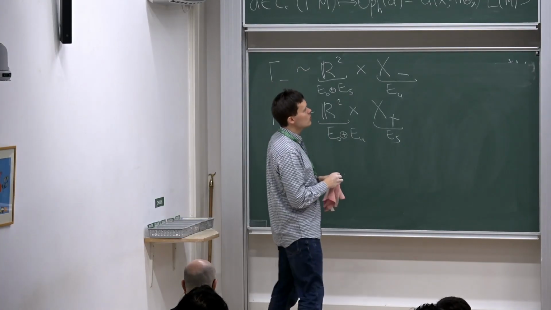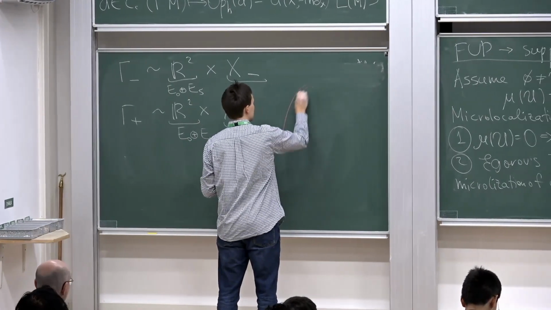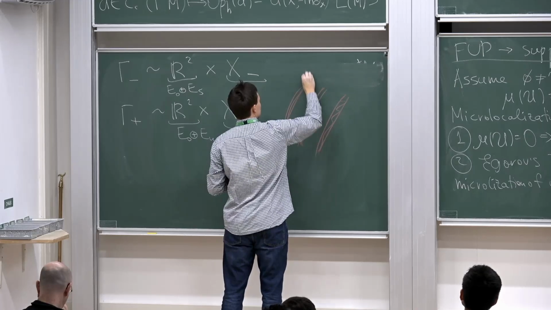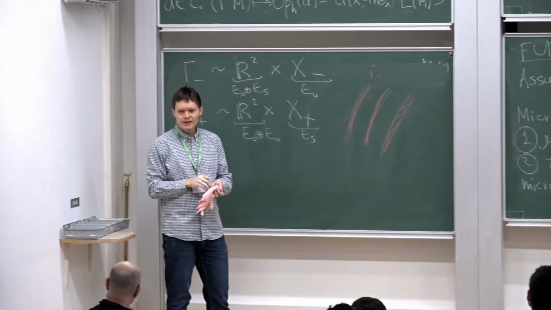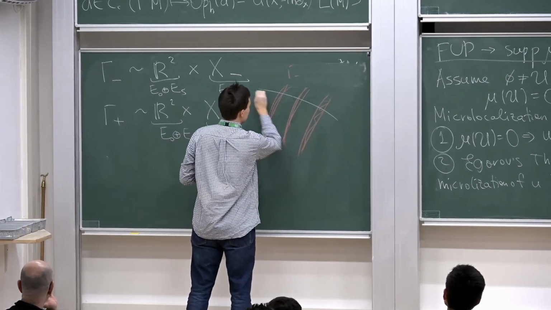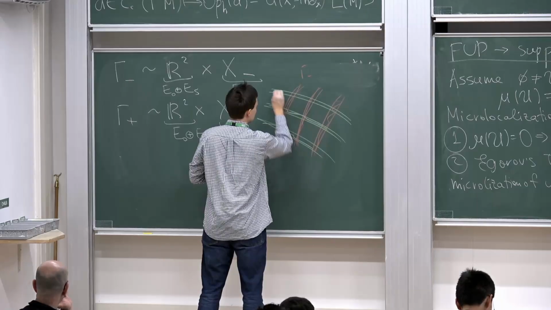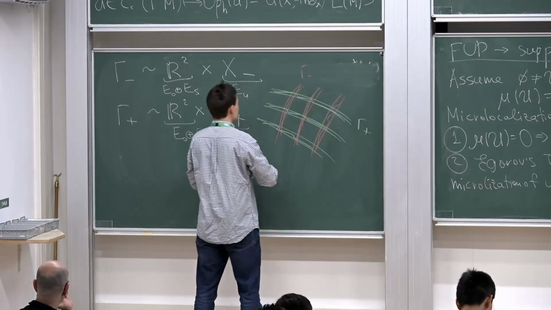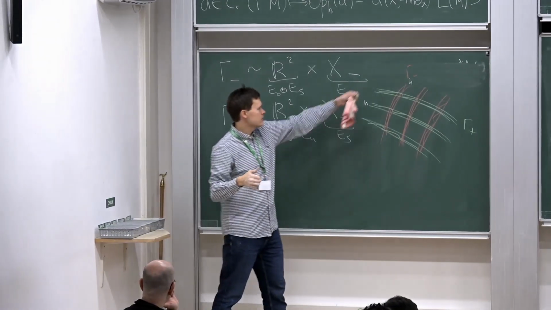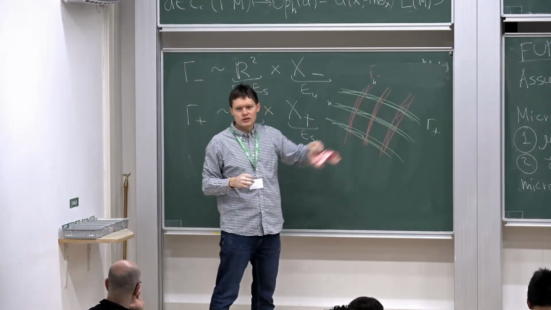And so the way it sort of looks is that if I draw gamma minus, it looks something like that in the unstable direction. In the stable direction, gamma plus looks something like this, where the widths of those pieces are h, the lengths of those pieces are about epsilon, and the way those pieces are distributed transversally is porous.